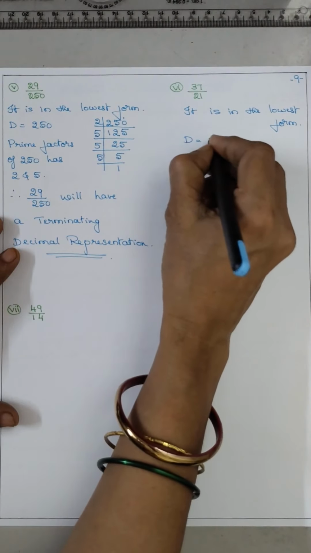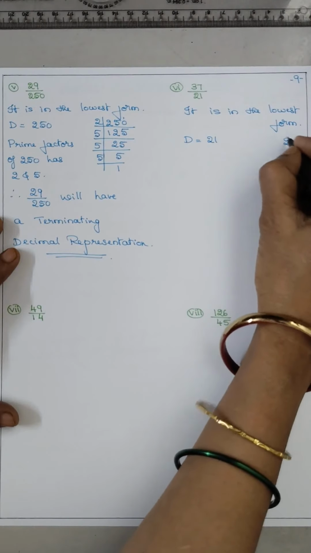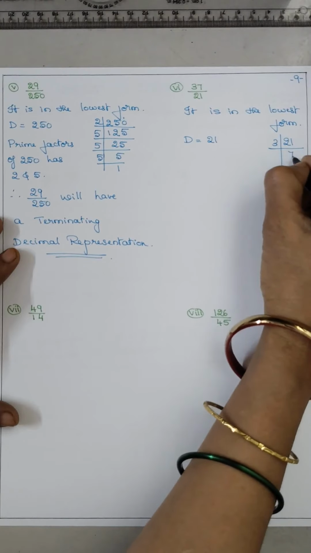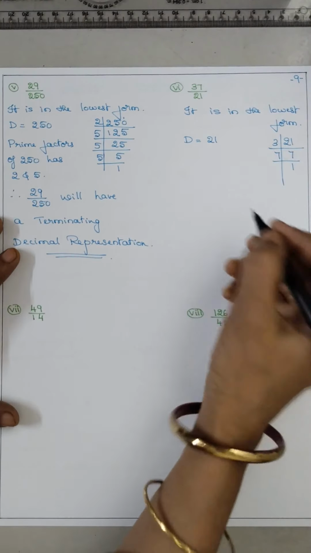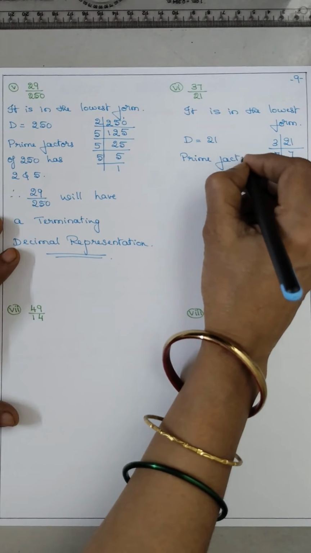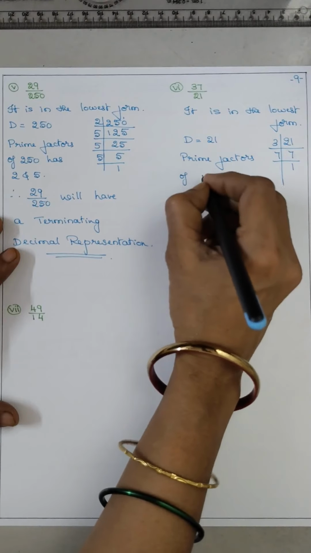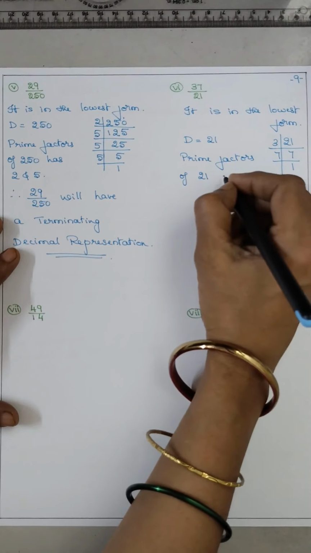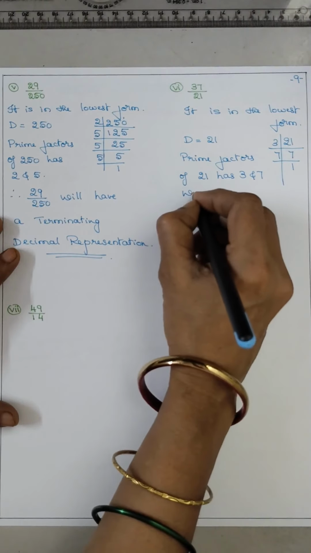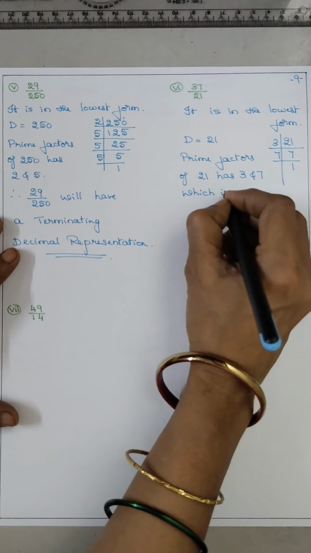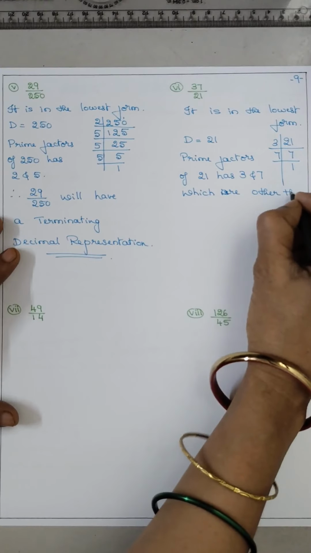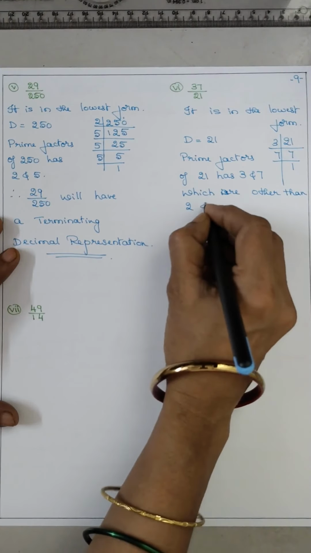Now denominator is 21, prime factorization: 3 sevens are 21. So the prime factors of 21 are 3 and 7, which are other than 2 and 5.